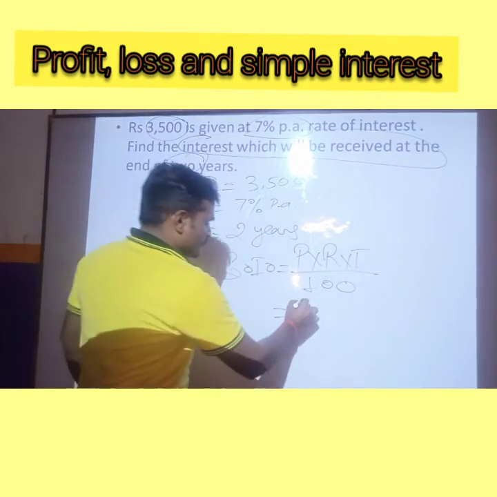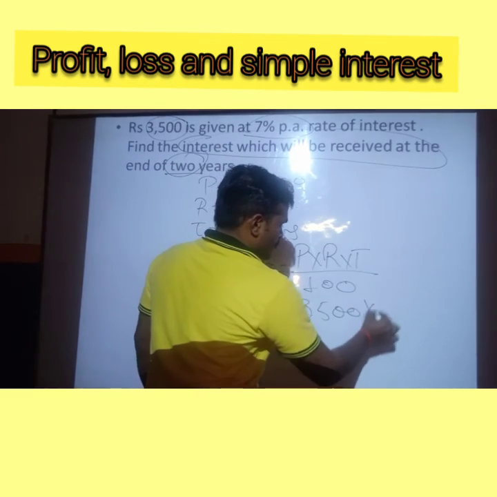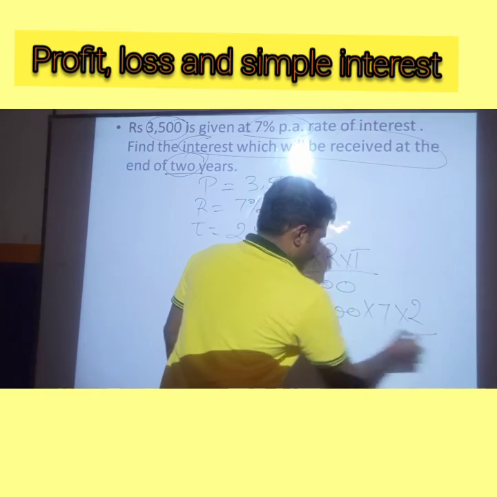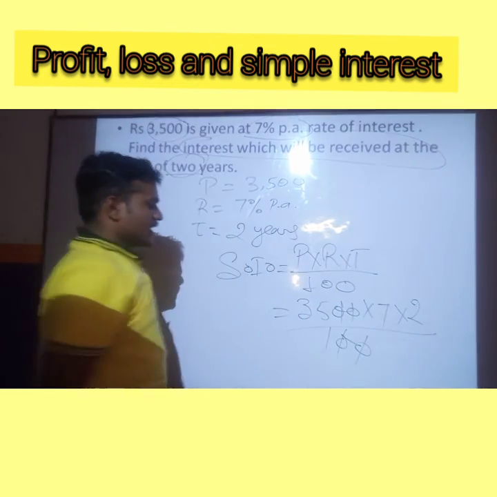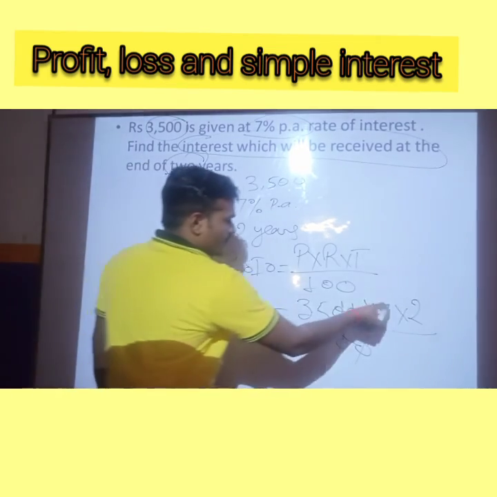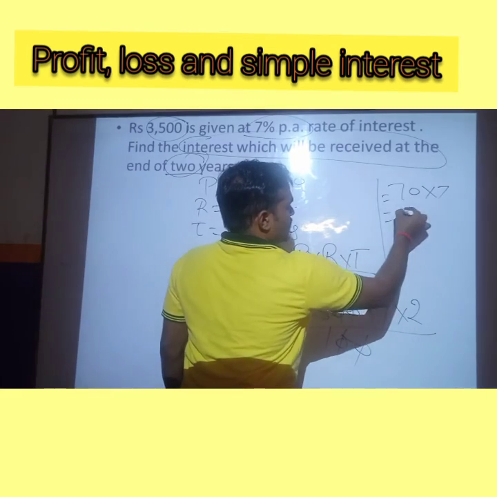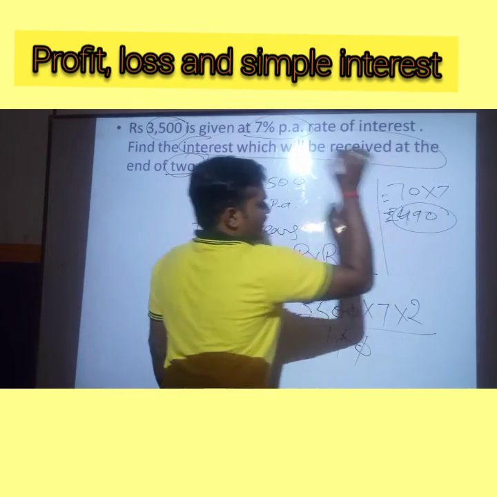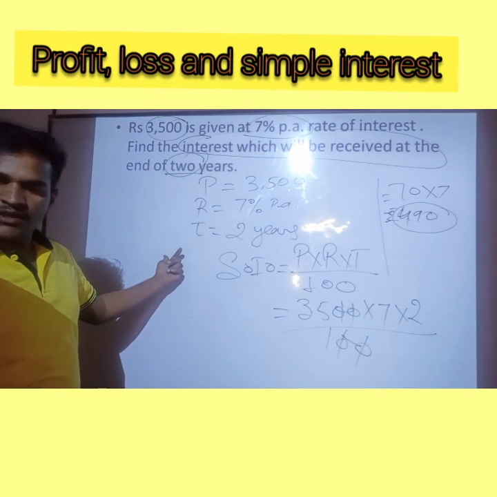So 3,500 into rate 7 into time 2 upon 100. The zeros are cancelled, 35 times 2 is 70. So 70 multiplied by 7, 7 times 7 is 49, so 490 rupees is the interest. Okay, hope you understood.